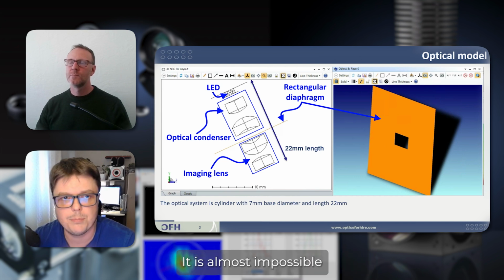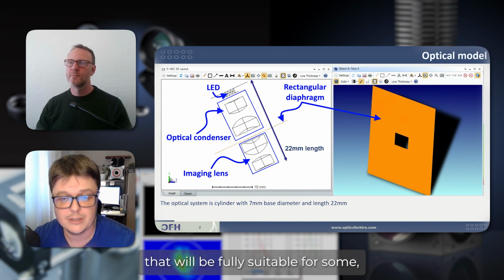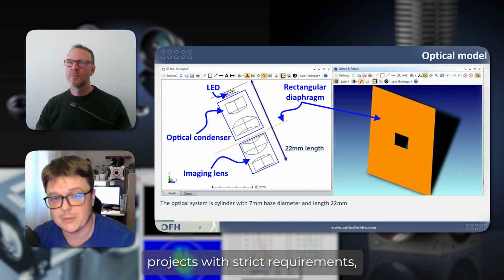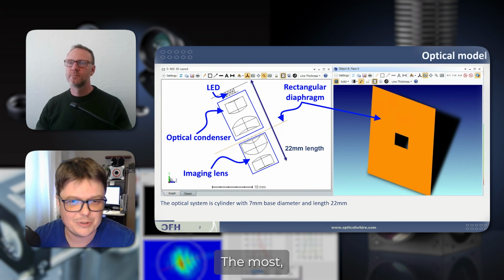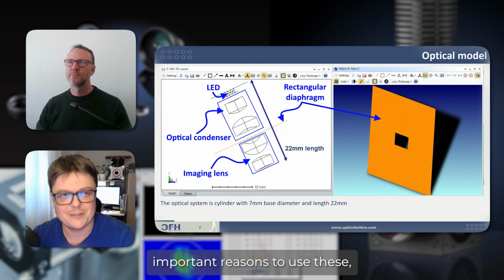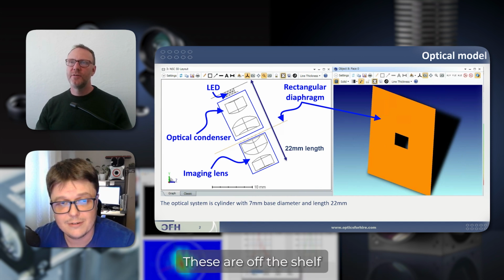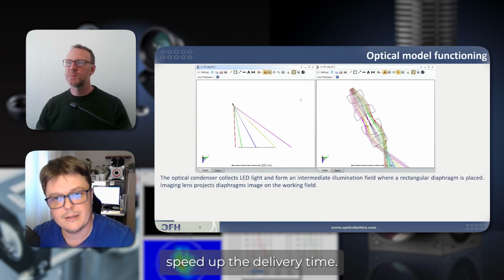It is almost impossible to choose some kind of TIR lens off the shelf that will be fully suitable for some projects with strict requirements like here. And this is, perhaps, one of the most important reasons to use this assembly of lenses that can be bought off the shelf. So these are off-the-shelf elements that you're using, and that was done intentionally to speed up the delivery time.